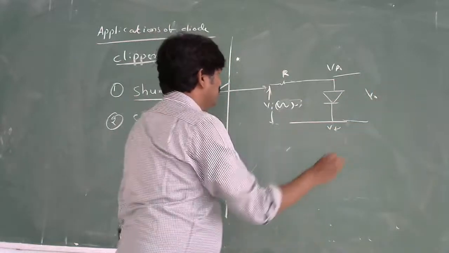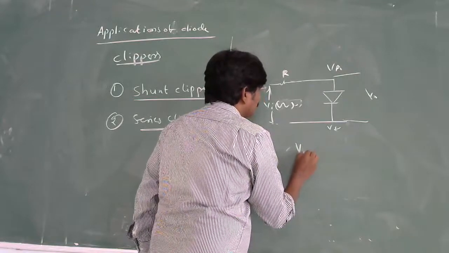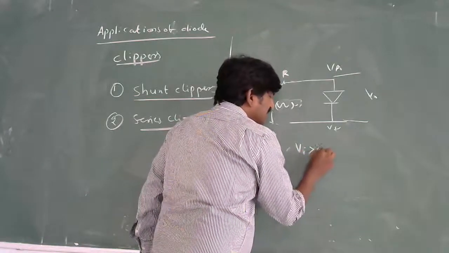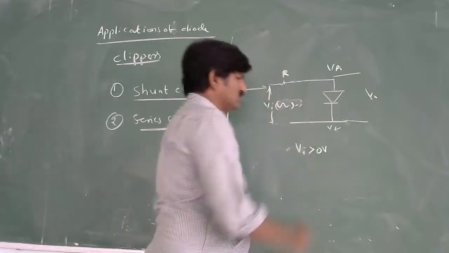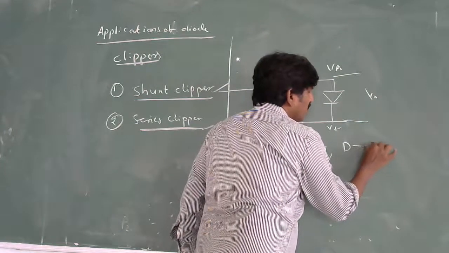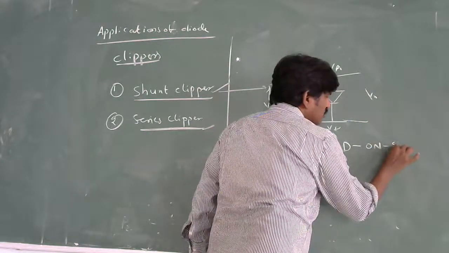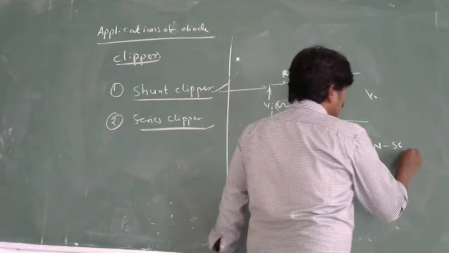The condition is V naught when Vi is greater than 0. What does 0 mean? 0 volts. Then the diode will become on, and it can be considered short circuited. What is the output?